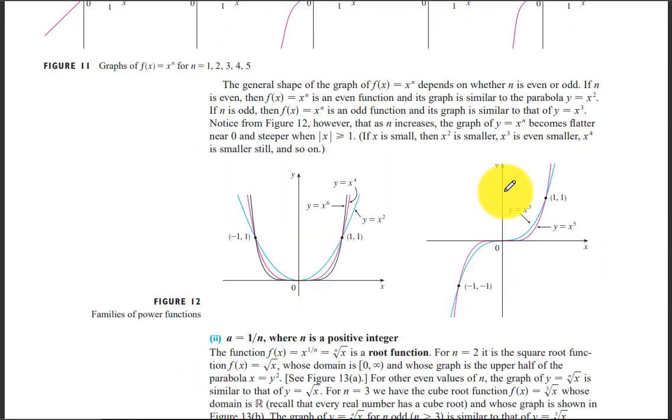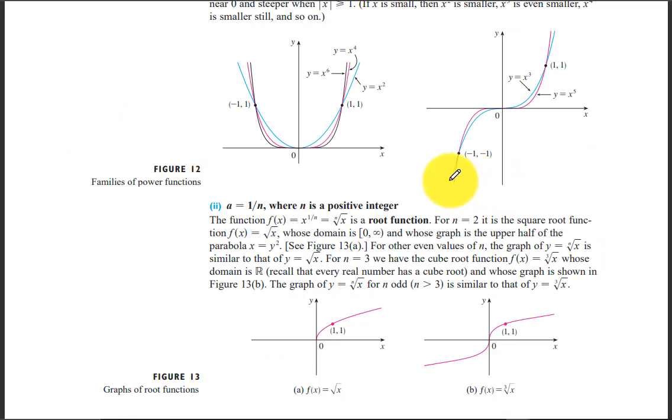Okay, now when a is like 1/2, in other words, you have x to the 1/2 or x to the 1/3 or x to the 1/8. What are these? What do these look like? So we know that x to the 1/2 means the square root of x.